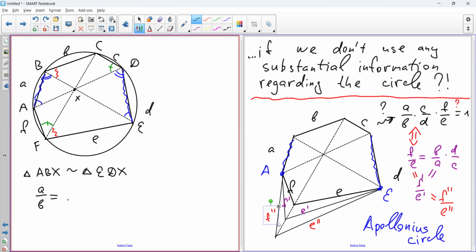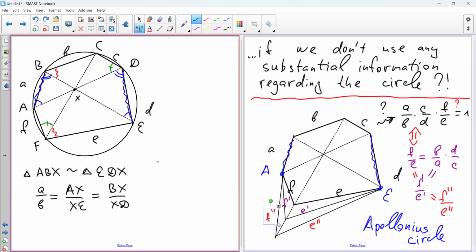Sometimes we may not use such a condition, but that means that the condition of the problem was excessive. And that is quite a rare event, actually. So we can write down here that this equals AX over XE, and this equals BX over XD, right?